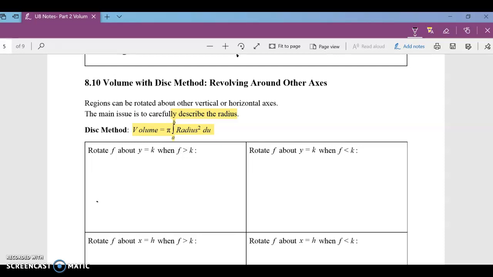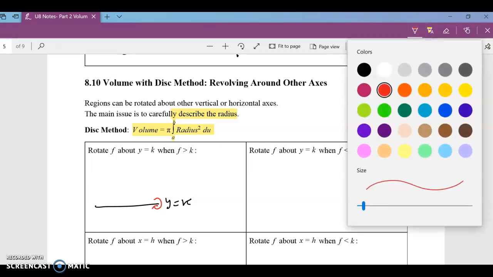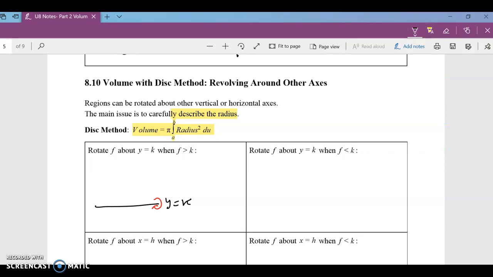So I'm going to draw the line y equals k. I am going to rotate about that line, and then we draw the function f. Now f is greater than k, so f is somewhere up above. So this is my f of x.